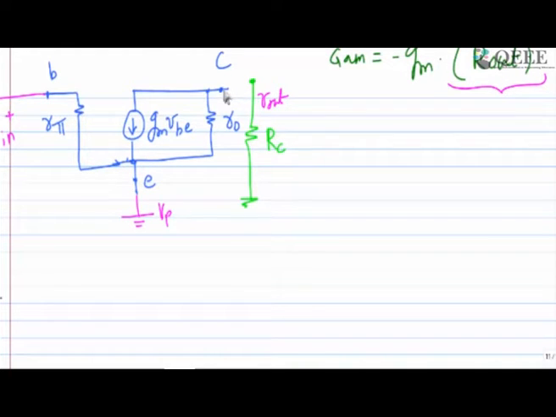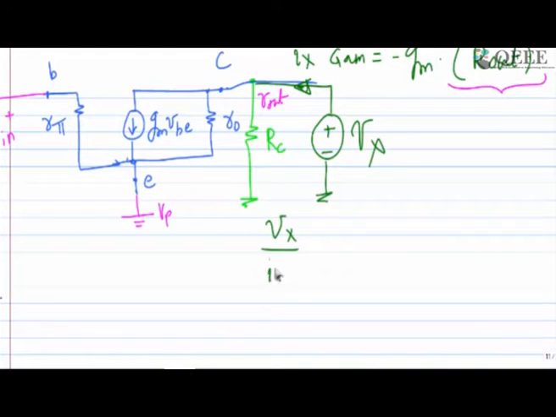Then I should connect some known small-signal voltage Vx, and measure how much current flows through the circuit. That Vx by Ix will give me the resistance.